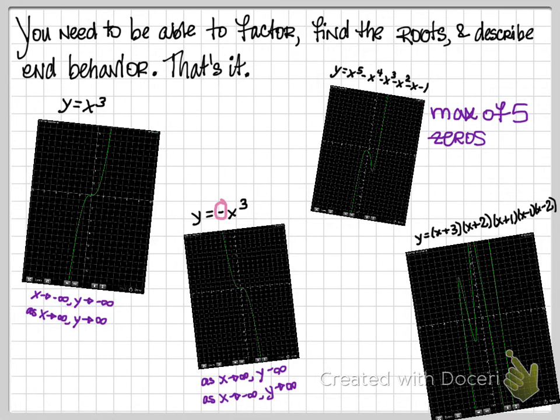I know it's unusual notation, but I also know that you can handle it. On this one, the third one, as x goes to the left, y goes down. As x goes to the right, y goes up.